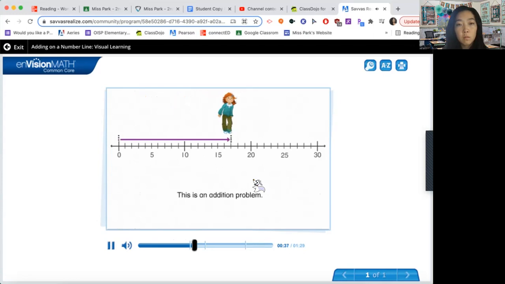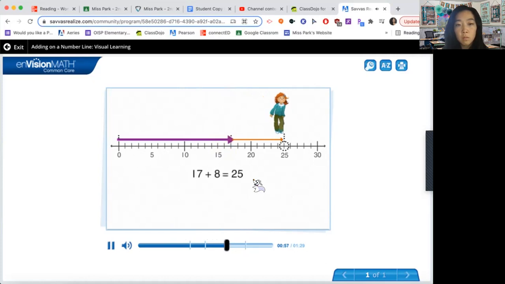This is an addition problem. Why does the line stop between the 15 mark and the 20 mark? That's where 17 is. It's 2 spaces past 15. Now, show the 8 blocks she walked after dinner. 17 plus 8 equals 25.